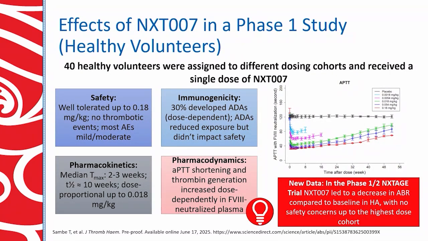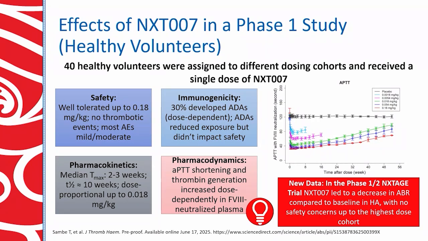Now, there is a study conducted in healthy volunteers, 40 in total, who were assigned to different dosing cohorts and received a single dose of NXT007. The most important thing was that the administration at different doses was safe. 30% developed anti-drug antibodies.